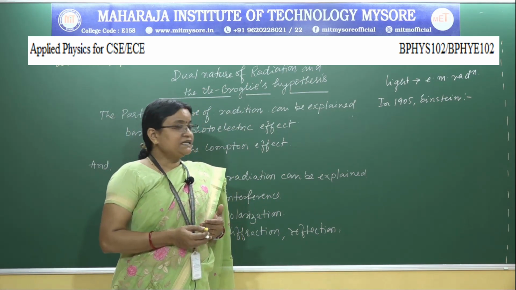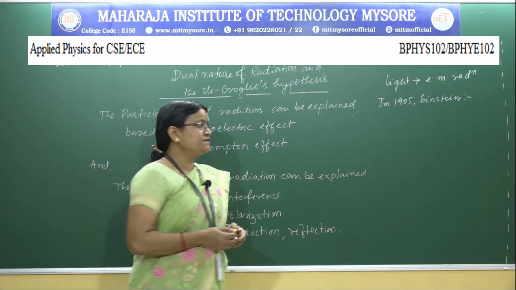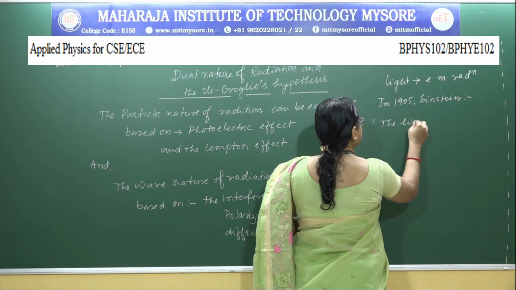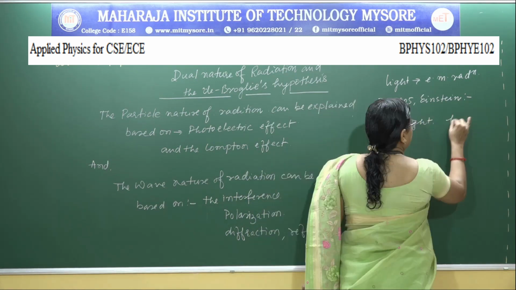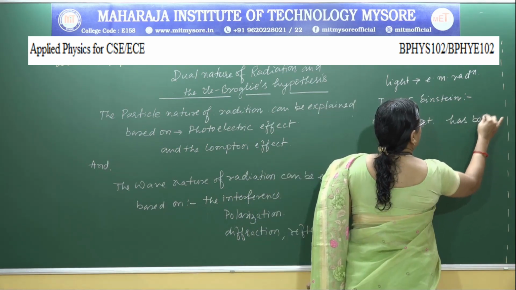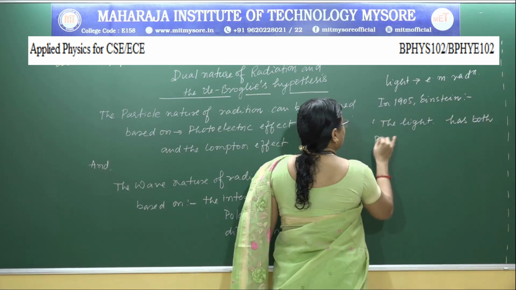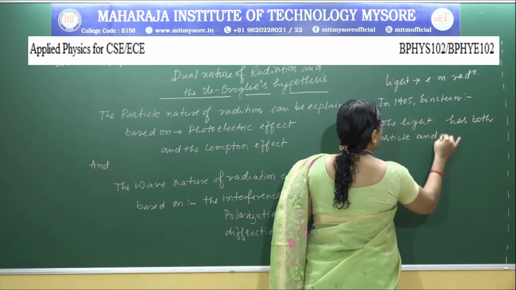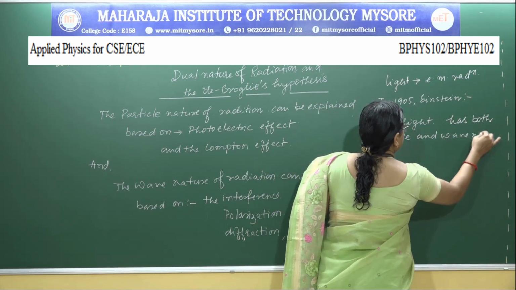So, Einstein said that the light has both particle and wave nature.